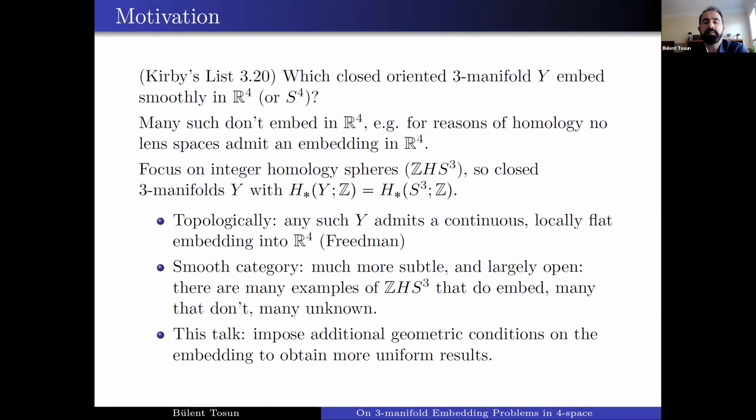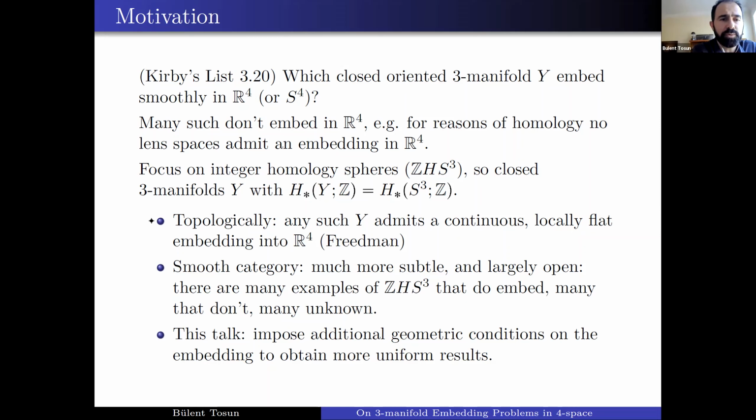This is a goal, and I will make it concrete with some results a bit later on. But there is a more long-term goal here in imposing these additional geometric conditions, namely hopefully getting some more information about smooth four-manifolds.